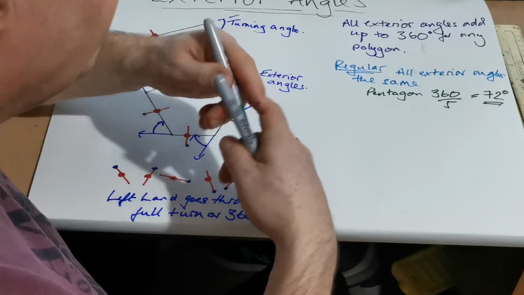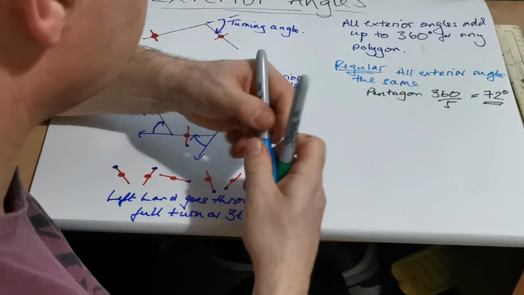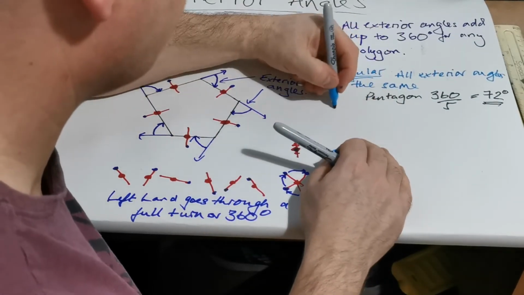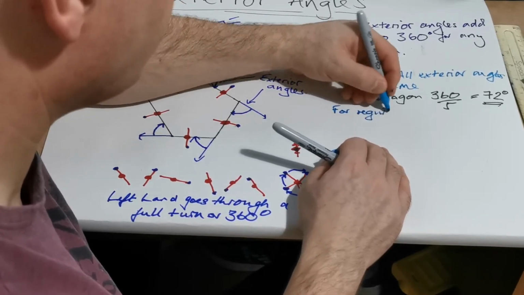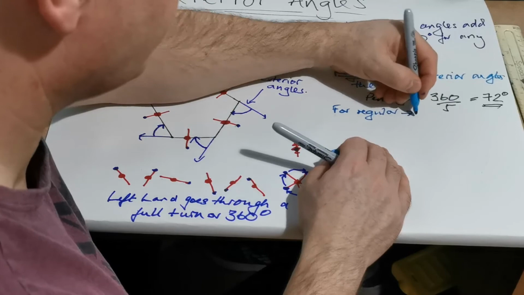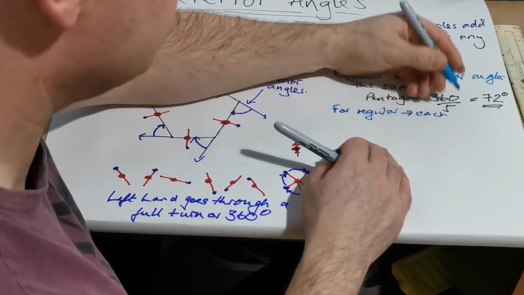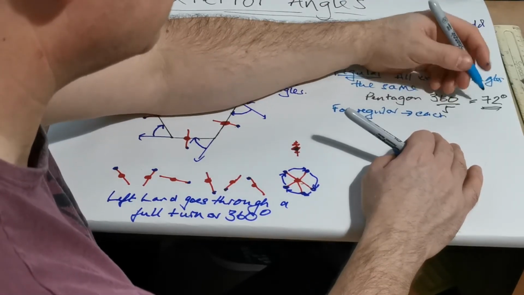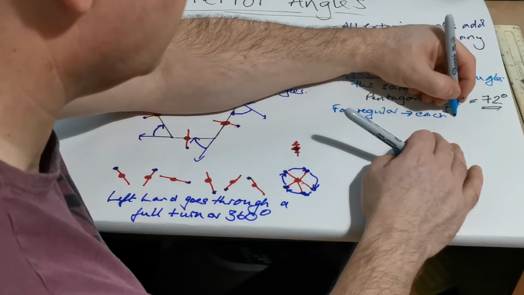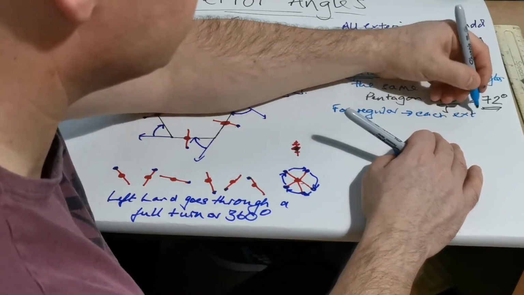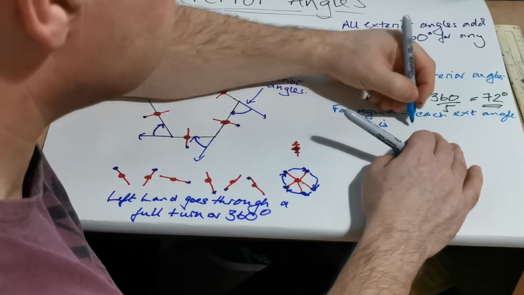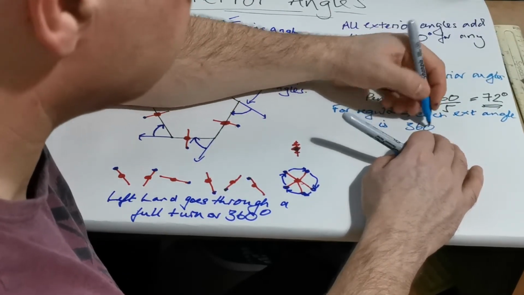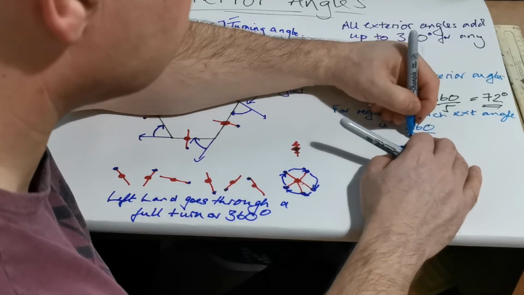So for a regular one, each exterior angle is 360 divided by the number of sides.